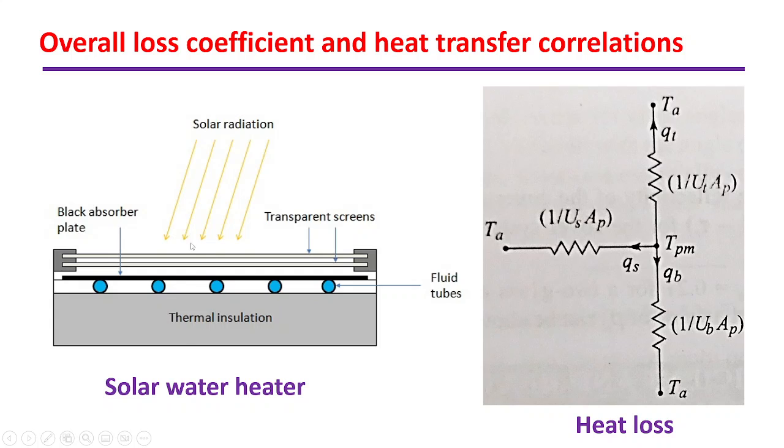Likewise in this case there will be losses: one from the top, one from the side, and one from the bottom. I believe in the last lecture of the NPTEL course you went through these fundamentals of losses: the top loss, side loss, and bottom loss, and cumulatively we call it the overall loss. Correct?